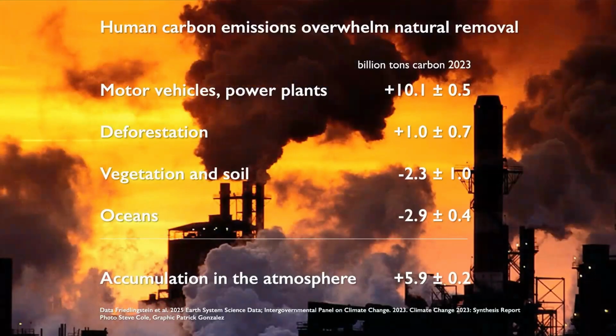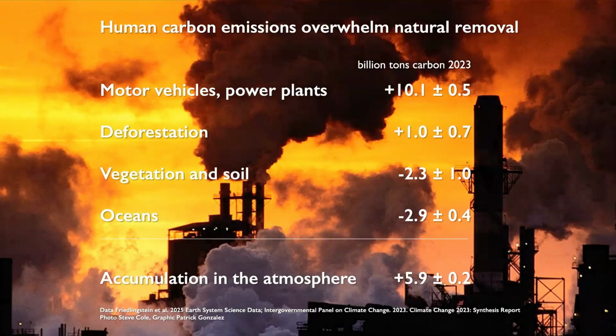So cars, coal burning, deforestation, and other human sources pump 11 billion tons of carbon into the atmosphere every year. But forests, soils, and oceans only naturally remove 5 billion tons. So the remainder, 6 billion tons, goes up in the atmosphere, and it's that fundamental imbalance that causes climate change.